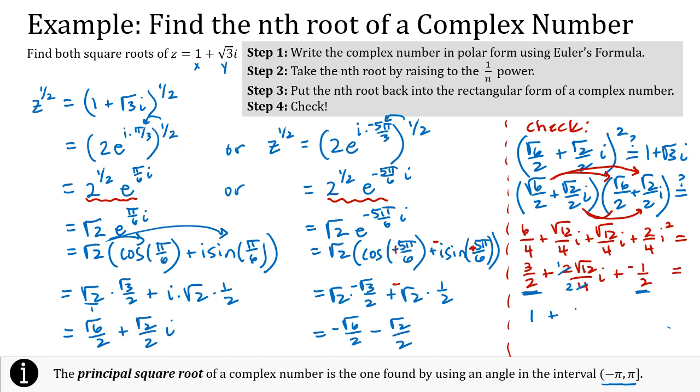How about that? And then the square root of 12 turns into 2 times the square root of 3 over 2, right? And now those 2's cancel, and I'm left with 1 plus the square root of 3 times I, which sure enough equals what I started with.